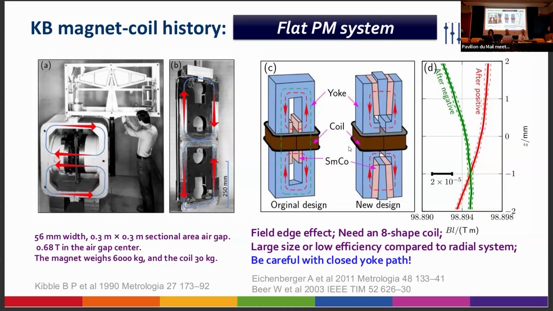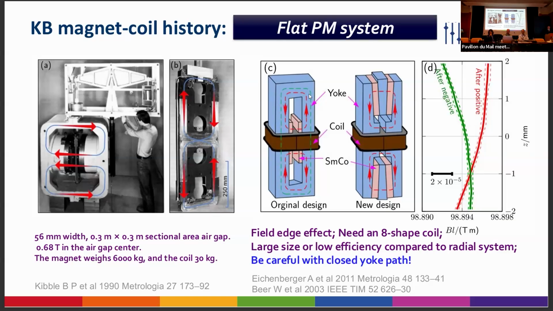Yeah, you should be careful because once you have a closed yoke with 0 ampere turns, you sometimes have asymmetry during the mass on, mass off for the current, so it can still cause some hysteresis during mass on, mass off.